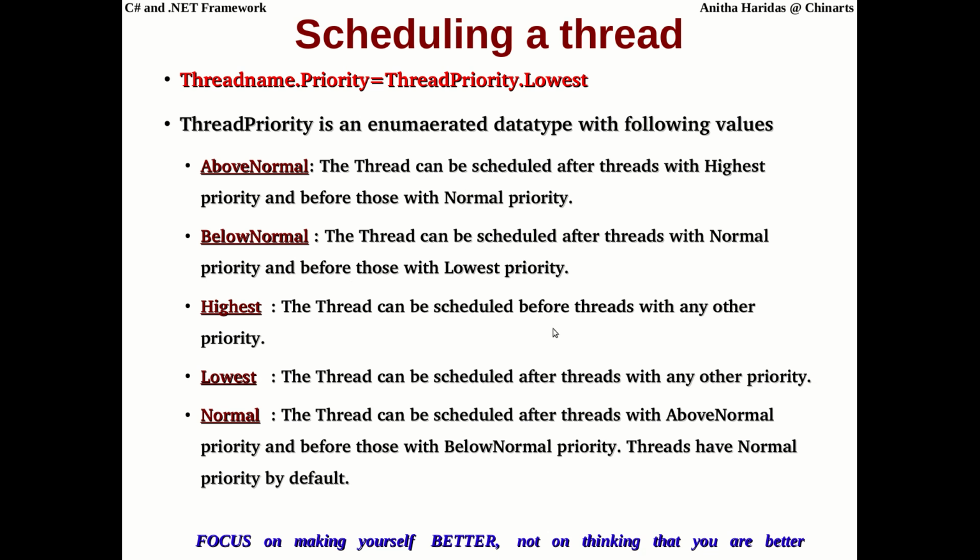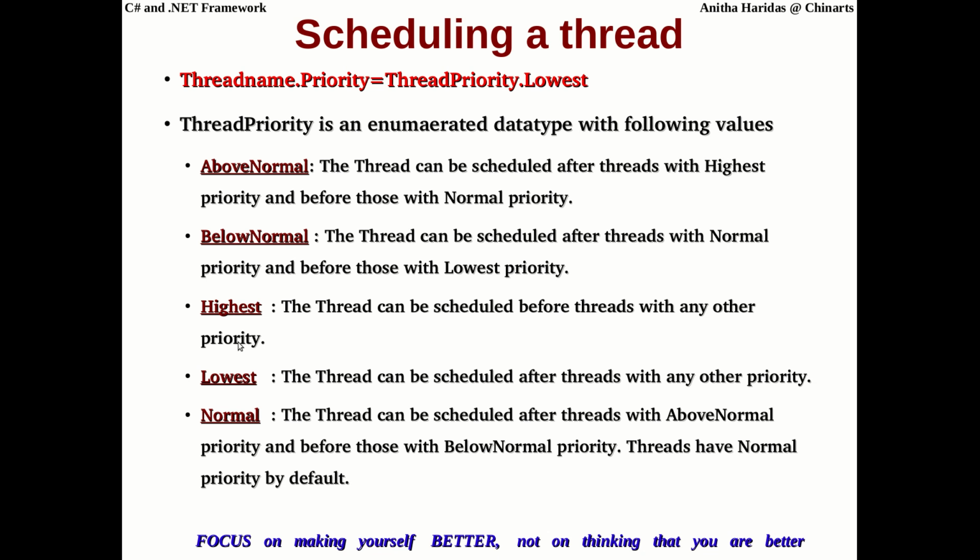That is what is described here. For AboveNormal, the thread can be scheduled after threads with highest priority and before those with normal priority, so AboveNormal comes between Highest and Normal. For BelowNormal, the thread can be scheduled after threads with normal priority and before those with lowest priority, so BelowNormal comes between Normal and Lowest.